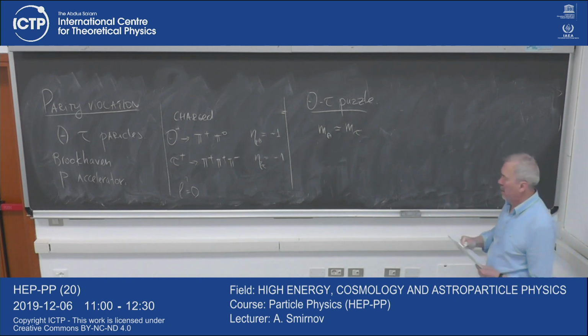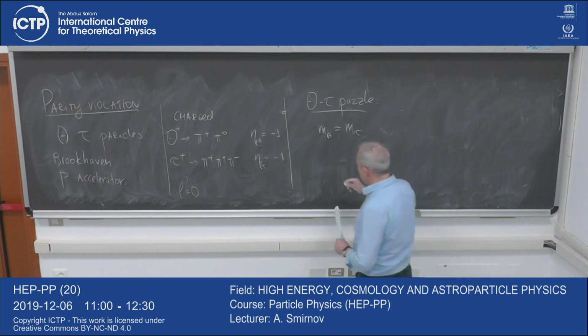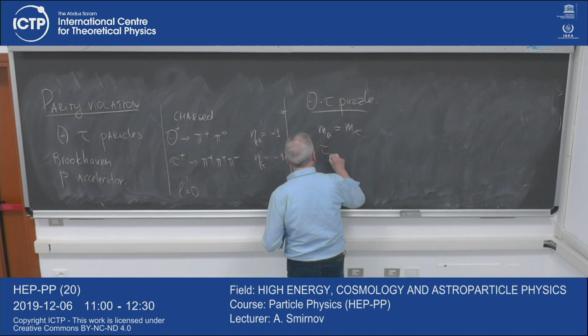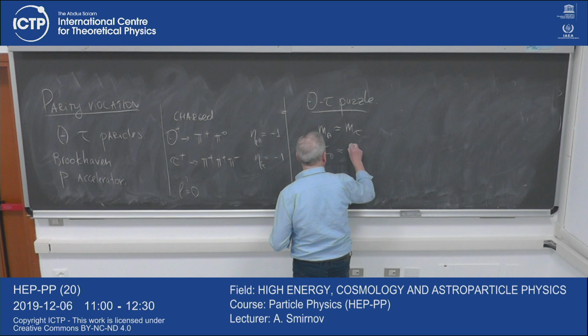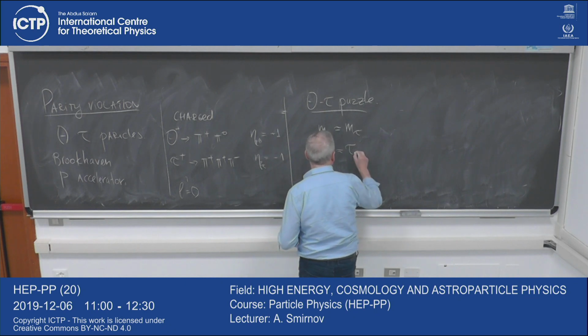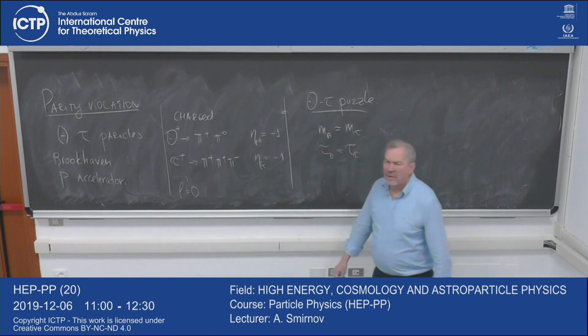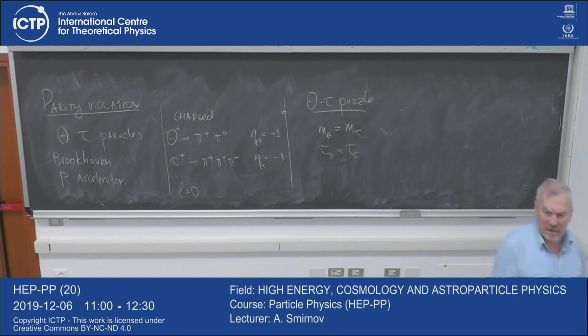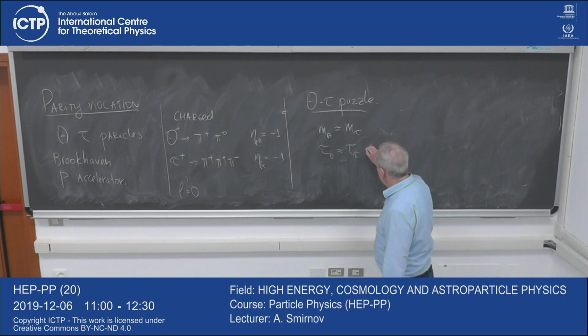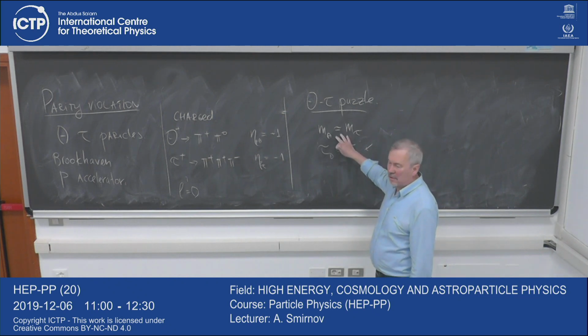This is one thing, but even more striking was that the lifetimes of these 2 particles were equal. And not only this, even cross-sections of production of these 2 particles were equal.